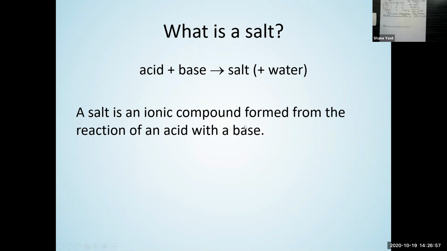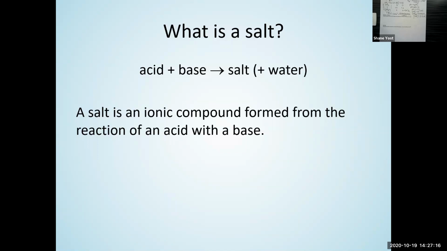So what is a salt? We'll talk more about this in chapter 17, but salts can often be formed by reacting an acid with a base to produce a salt and typically water. But a salt itself is just an ionic compound.